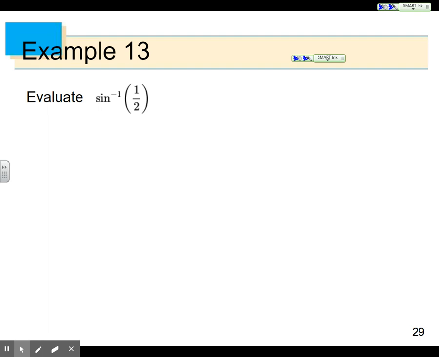Okay? Now if you want to think about this, this is equal to y, and I'm wanting to figure out what the y is. And so if I kick the sine off to this side, I was thinking about sine of what function gives me 1/2. Keeping in mind that this answer right here had to be between negative pi over 2 and pi over 2.